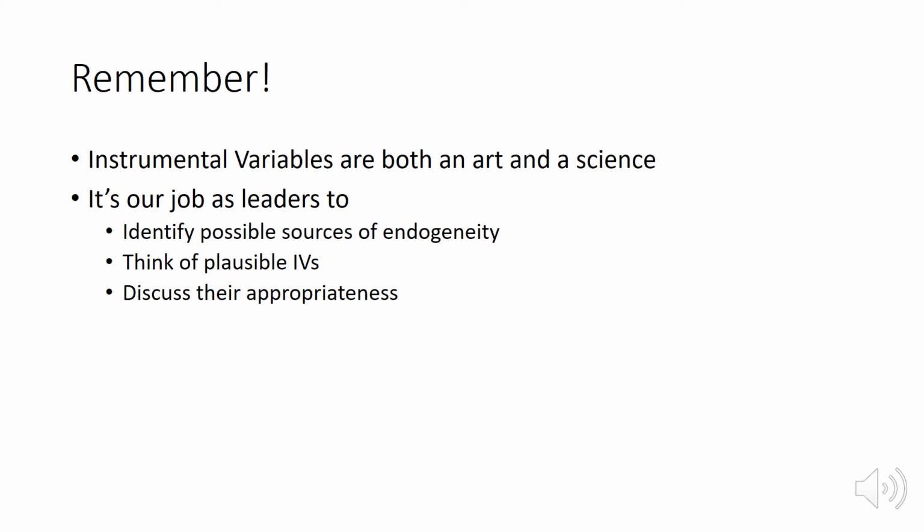And in doing so, it's our job to identify possible and plausible sources of endogeneity, whether it's omitted variable bias or reverse causality bias, or just something being determined from within the system more generally. It's our job to think of plausible ways we can instrument for this endogeneity. And then conditional on thinking of these instruments, it's our job to discuss whether or not they're appropriate, whether we can get a true causal estimate from these variables.